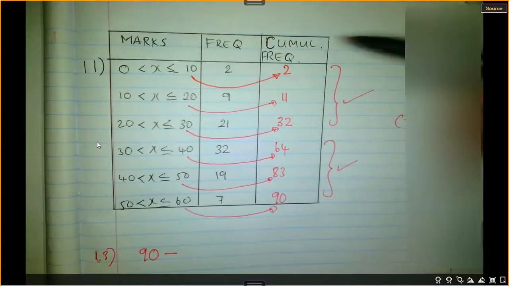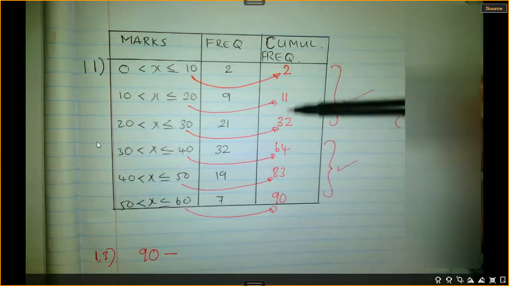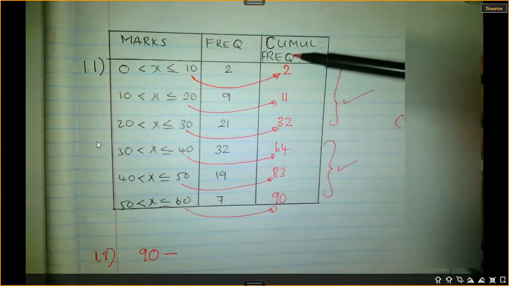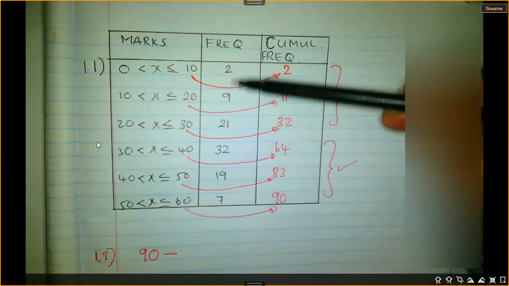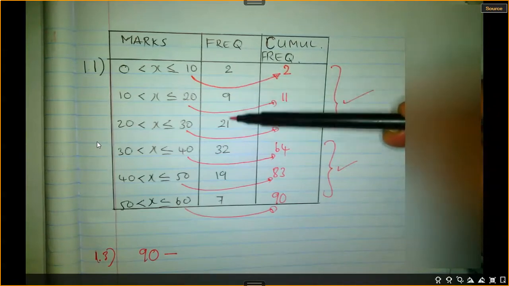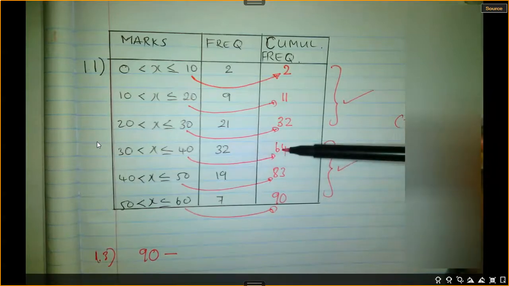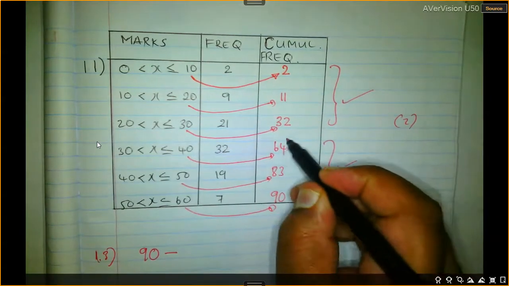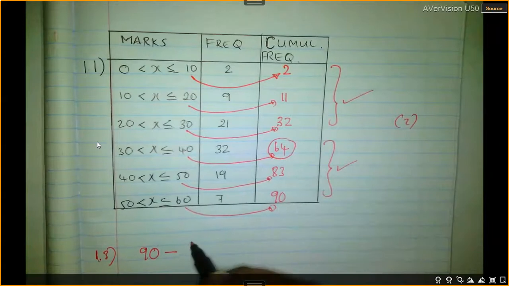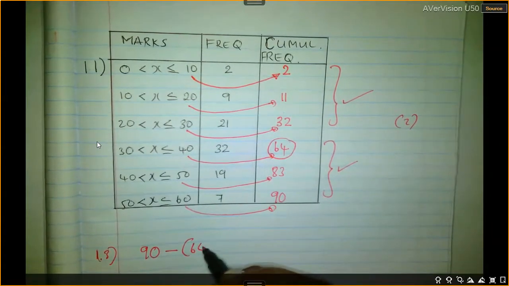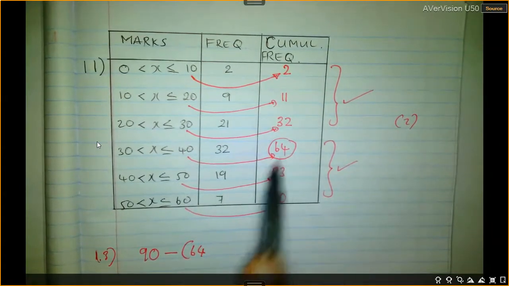Okay, so you will add up all of these. So it's 9 plus 2 is 11, plus 21 is 32, plus 32 is 64. Now 64, you put 64 there, okay, but remember 64 is only up until 40.